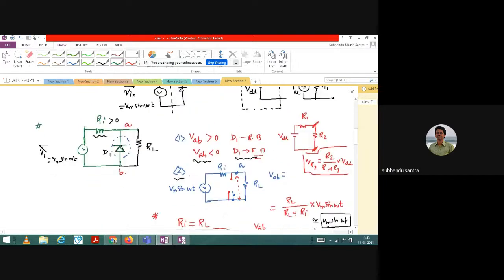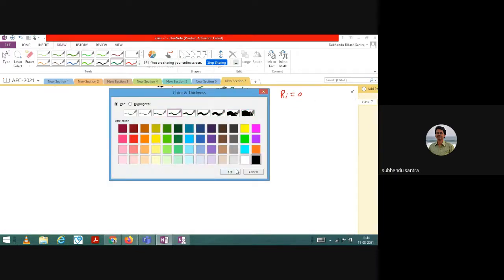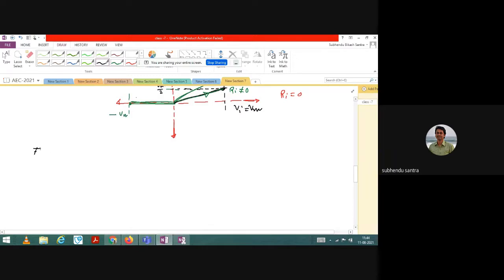So this is the negative clipper. What about the positive clipper? If I have to make a shunt positive clipper, what modification do I need to do? What will be the circuit diagram?